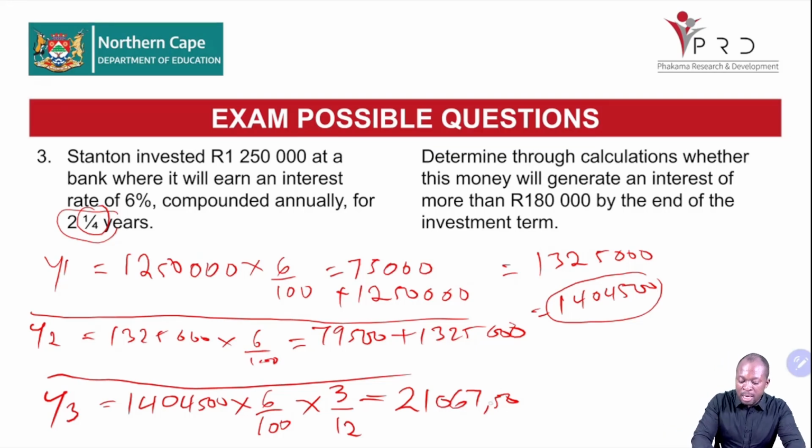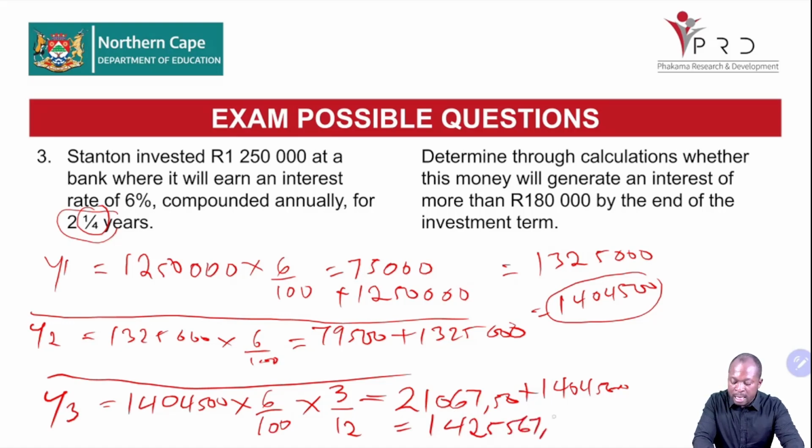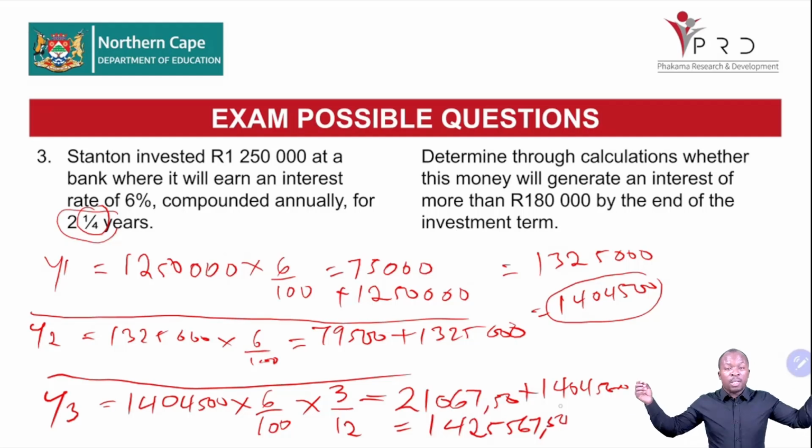So what do we do now? We must add this money to the 1,404,500, and that will give us in total 1,425,567 and 50 cents.